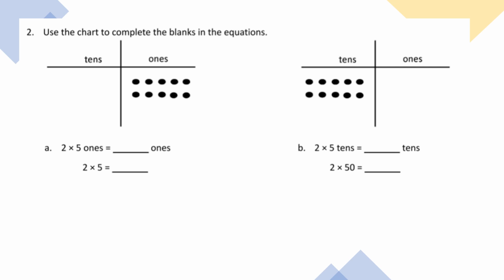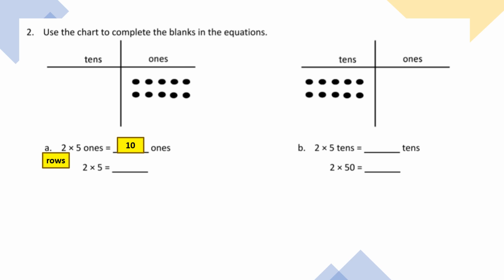In the ones place, though, we have 2 rows of 5 ones. So everything in the ones place are ones. Let's count to see how many ones we have. 1, 2, 3, 4, 5, 6, 7, 8, 9, 10. We have 10 ones.